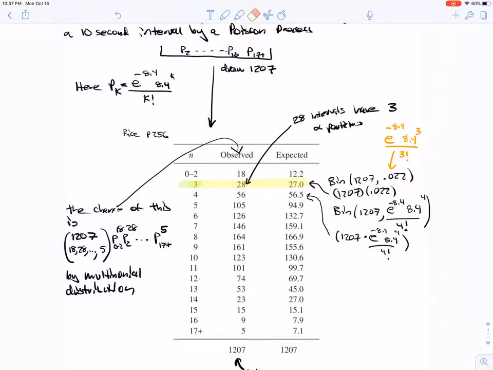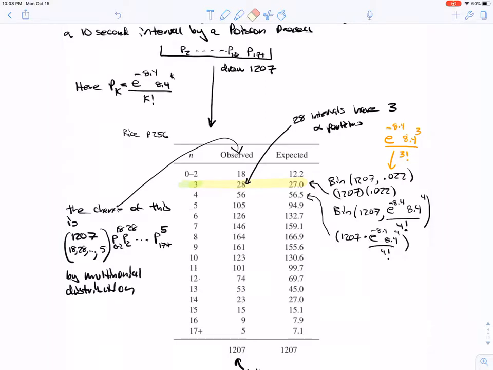With the p's being Poisson, there was a parameter mu, the average number of arrivals per 10 seconds, that is unknown, so we first had to estimate it. We did estimate it, and it was 8.4 arrivals per 10 seconds, and that allowed us to use the Poisson formula to calculate the pk probabilities here.